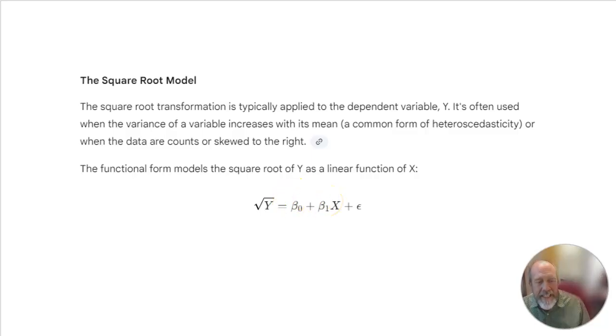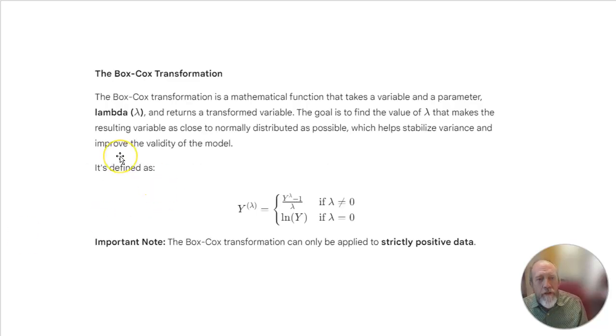That's the case. And so this is just another common transformation that you can do. That is really it, and those are some of the most common transformations that you're going to see.